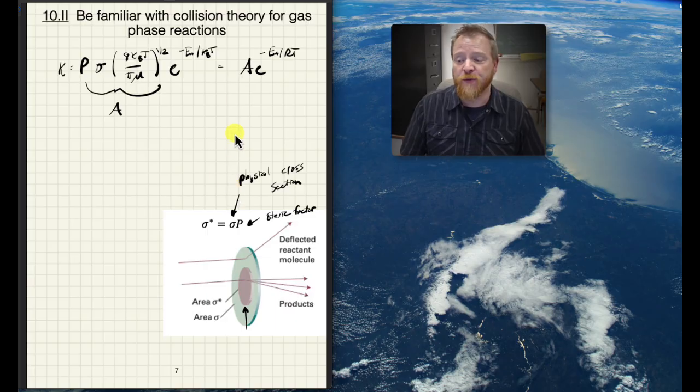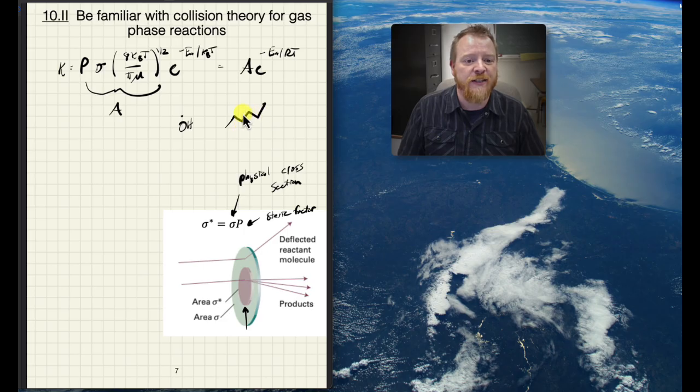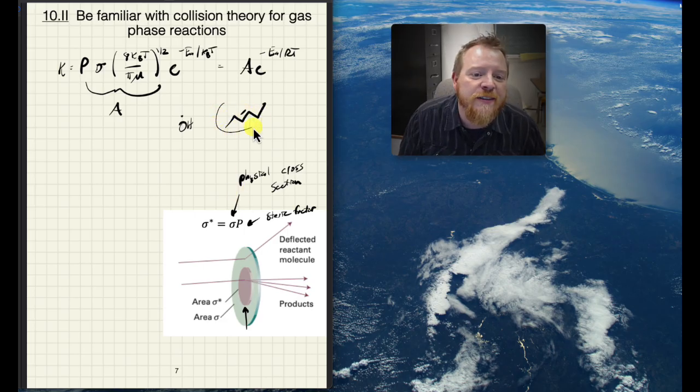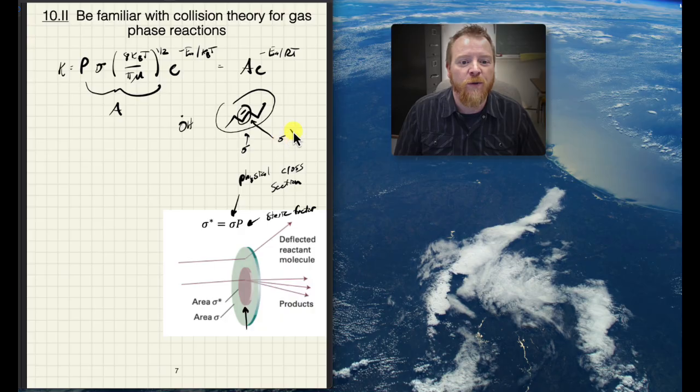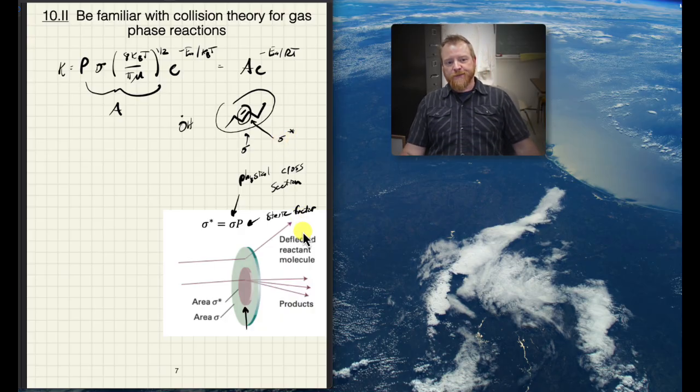So for example, if we were thinking about OH reacting with a double bond in some organic molecule, we know that this is the size of the molecule, sigma, but the OH radical attacks the double bond, so we know that that is really the true reactive cross-section.